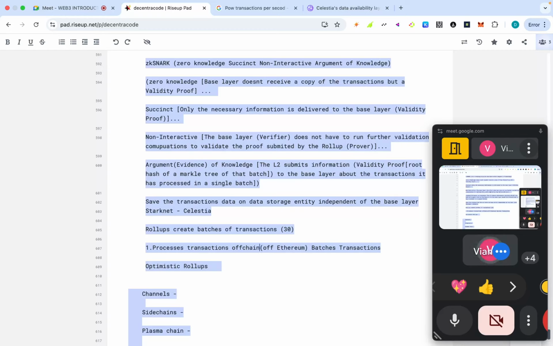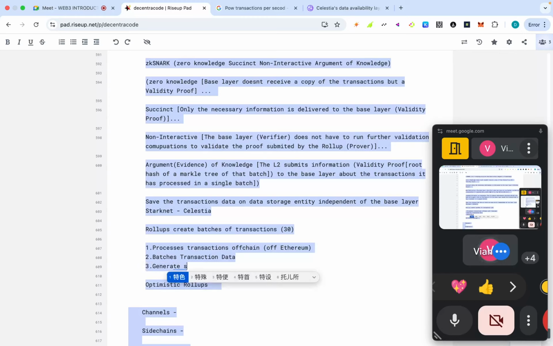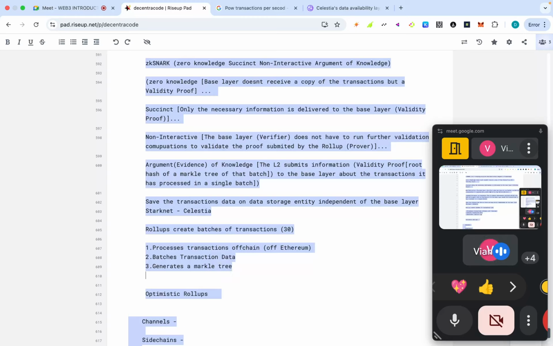Process transactions off-chain, two, batches transaction data, three, generates a Merkle tree, four, submits a Merkle root hash to the base layer. So simply, this is the whole process.